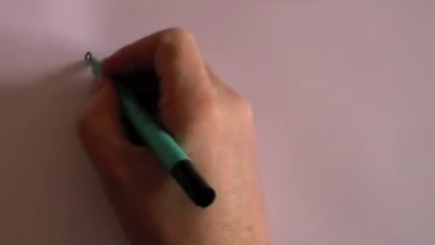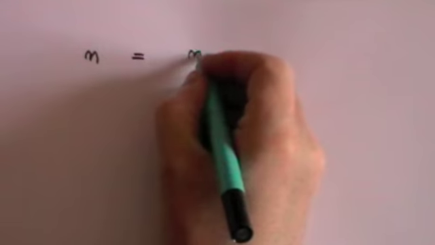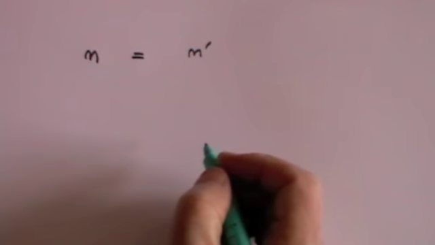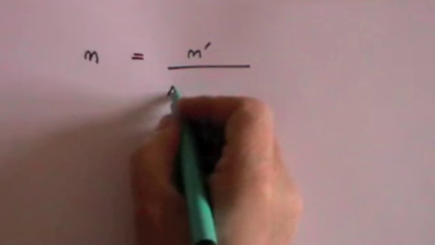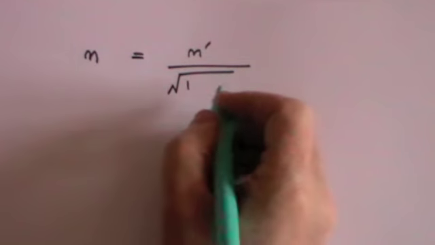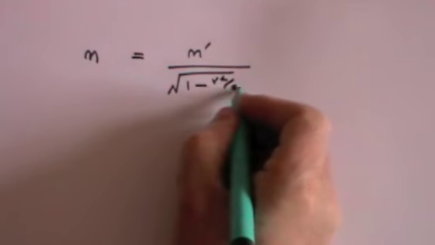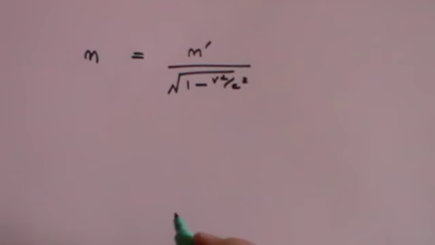Finally, it can also be shown that mass is relativistic, and that the remote mass, if you like, is equal to the local mass, that is the m prime, divided by the self-same correction factor, square root of 1 minus v squared over c squared.